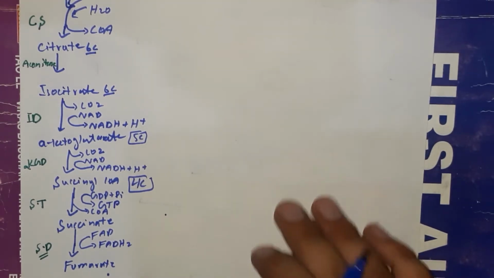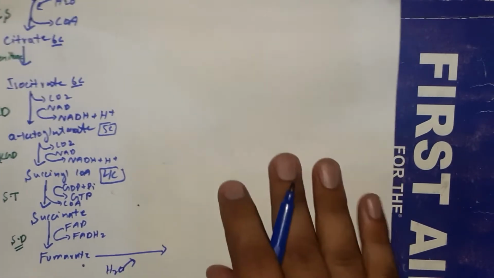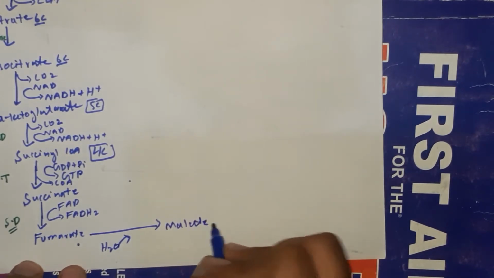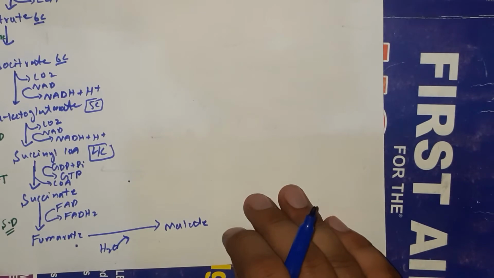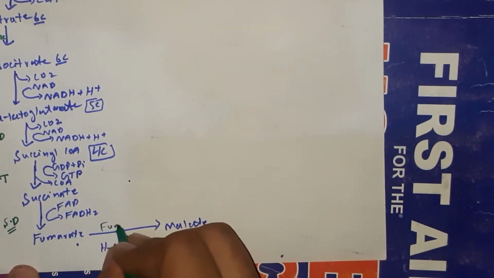Next, this fumarate combines with water. There is hydration, and after combining with the water it is converted into malate, and this reaction is catalyzed by the enzyme known as fumarase.